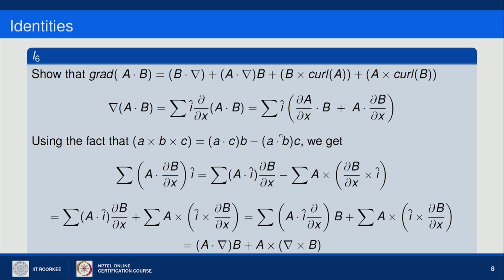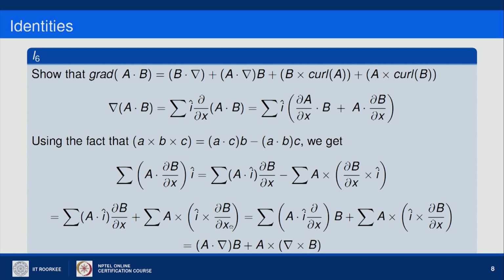So, this term I am taking this side and this term I have taken to the right hand side. So, A dot del B over del x I can be written as A dot I del B over del x minus A cross del B over del x cross I.